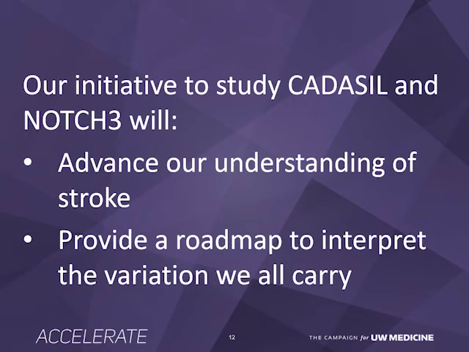I really believe that our initiative to study CADASIL and Notch3, which we're now going to get into a bit more of the details of with Leah and Doug, is going to not only advance our understanding of stroke and small vessel disease, but more importantly, in general, it really provides a roadmap to interpret the variants across all of these genes, the ones that cause disease and the ones that don't. And one day when all of you do get your genomes back, because I believe it will happen in your lifetime, you'll have a little bit better understanding of what they do.